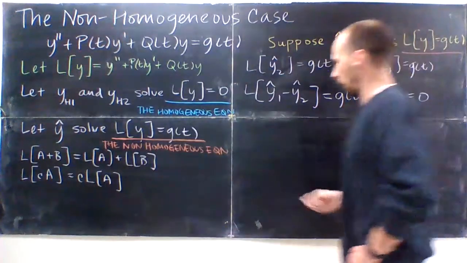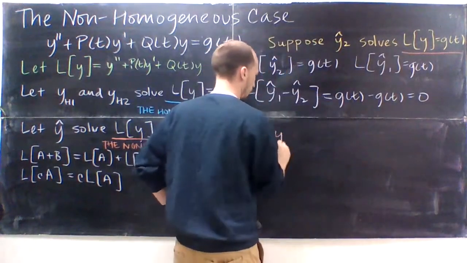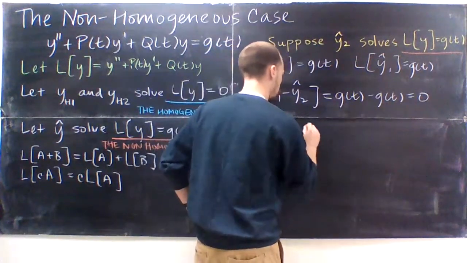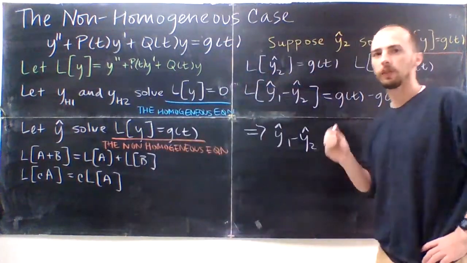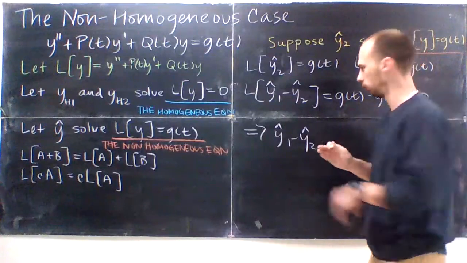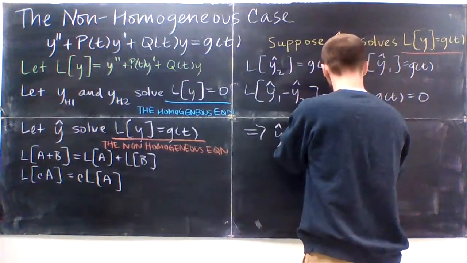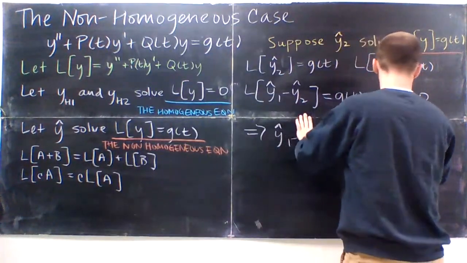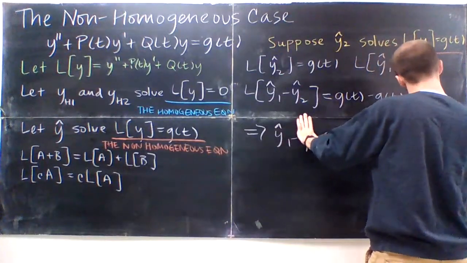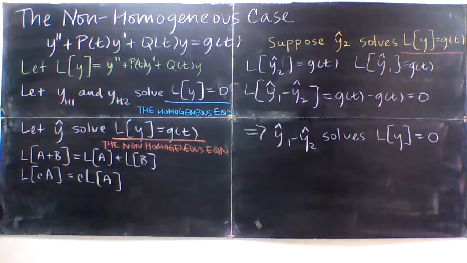Which means now that y hat 1 minus y2 hat is a solution to the homogeneous equation. Okay, so I've got myself a homogeneous solution right there.